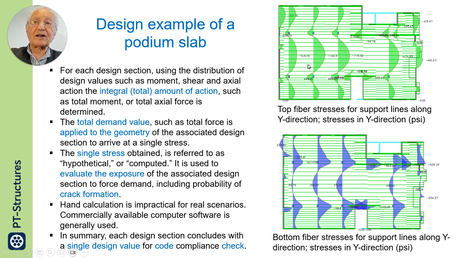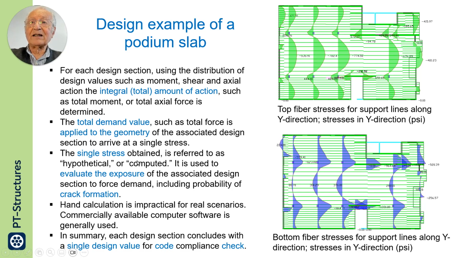Then that total value, which is a single number for each design section, the total demand value, such as total force, is applied to the geometry of the associated design section to arrive at a single stress. So for each design section, we apply the total demand to the total geometry of the section.